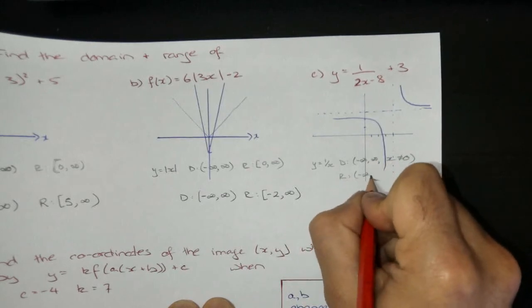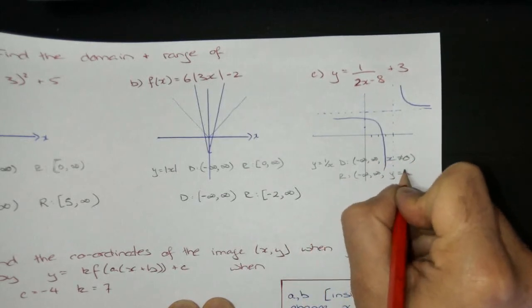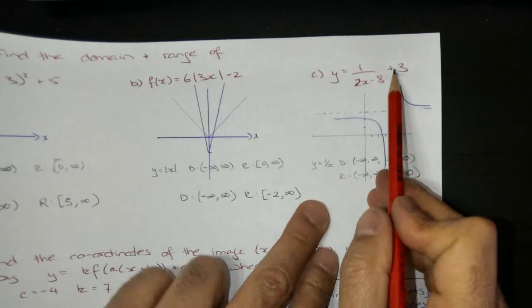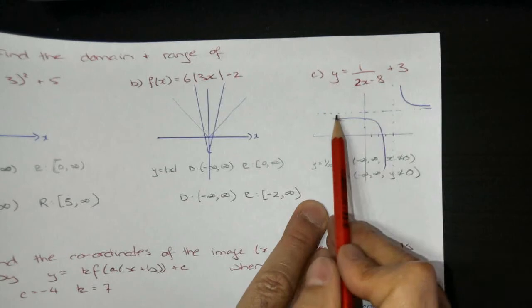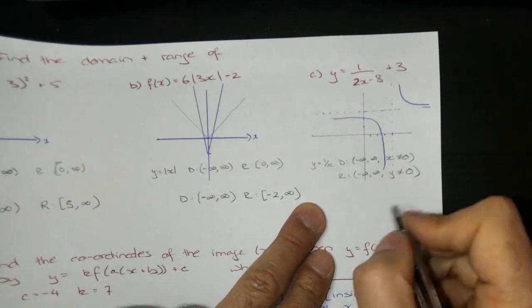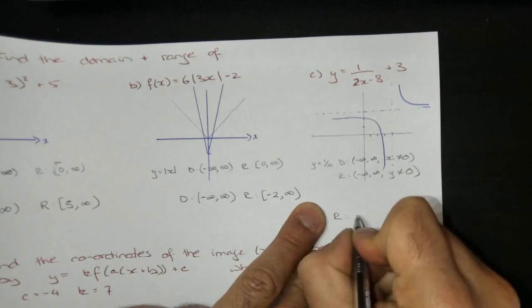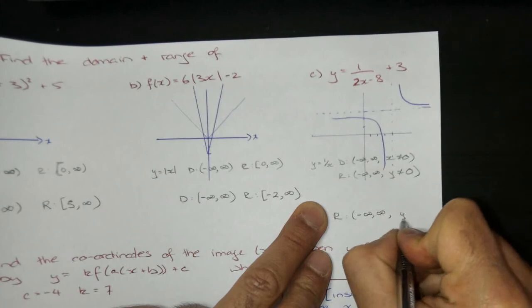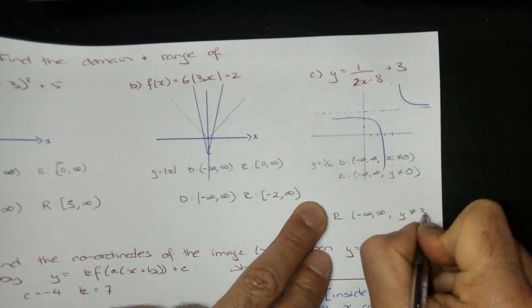It was negative infinity to infinity, but y cannot equal 0. But here, if I look at the range now, the range has moved up 3 units. So technically the range is going to go from negative infinity to infinity, but y can't equal 3.